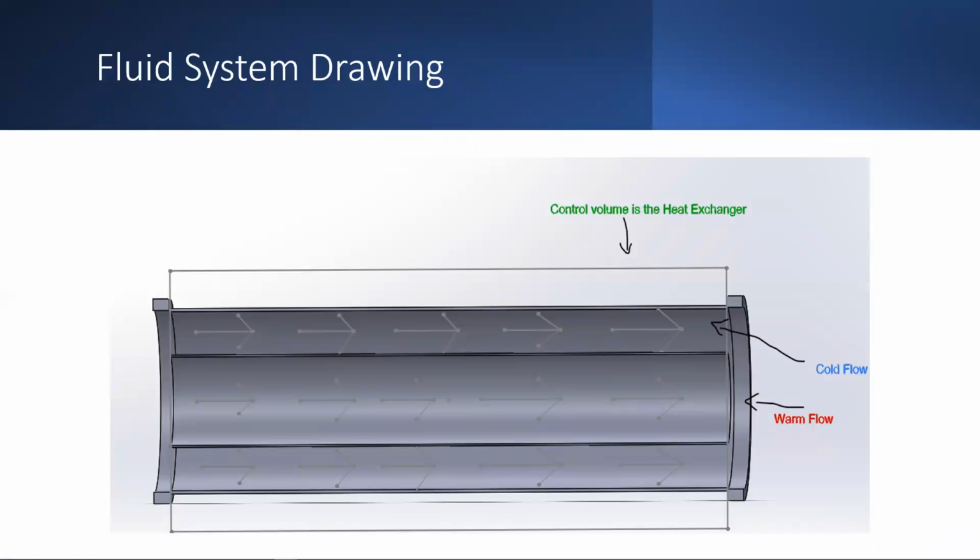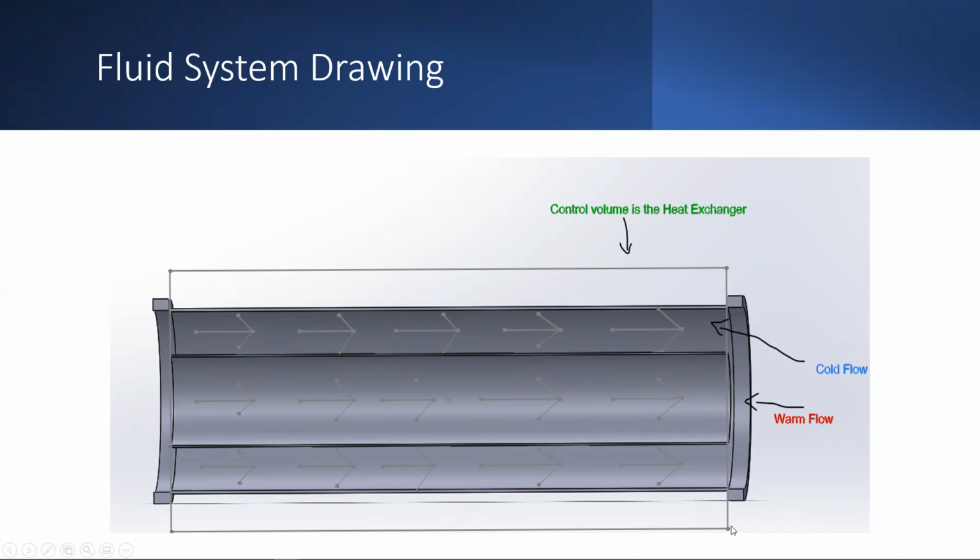Here we have a schematic drawn in SolidWorks showing our control volume, which is the double pipe heat exchanger itself. In the middle, the warm fluid goes through from left to right, and the cold fluid also goes from left to right through the annular part.